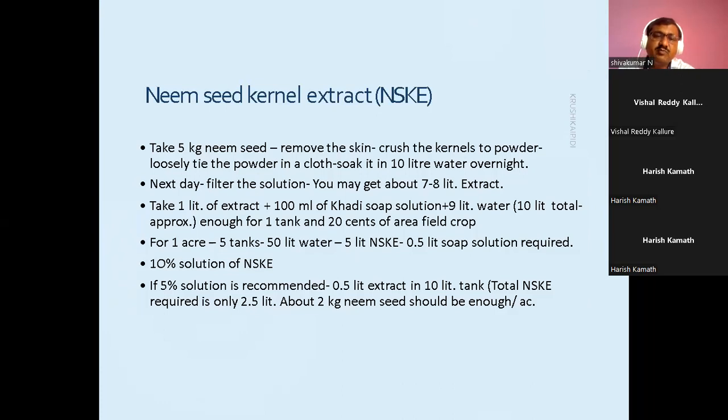So these are the neem products, neem seed kernel extract. This is also used for control of pests in your area. You have to collect 5 kg neem seeds, remove the outer skin, then powder them, and soak it in 10 liters of water overnight.